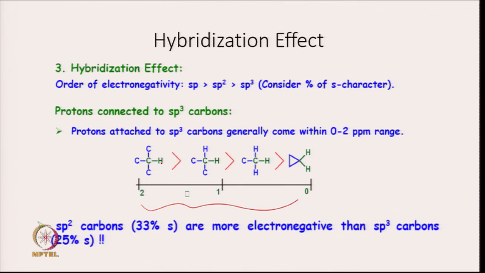This is for a proton attached to a tertiary carbon, here the proton is attached to a secondary carbon, and among these three you just apply the concept of electronegativity, and you will understand why this one has higher chemical shift and this one has lower chemical shift.